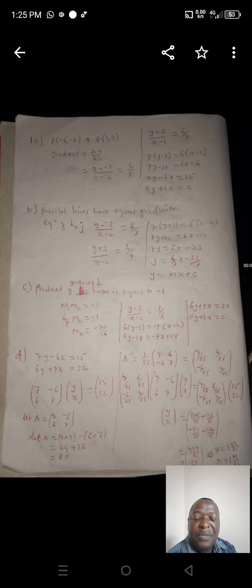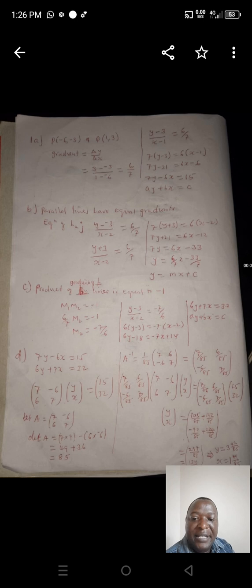So for us to be able to solve for the values of y and x using the matrix method, we need to write the equations in matrix format, which becomes 7, -6, 6, 7 into y, x is equal to 15, 32.